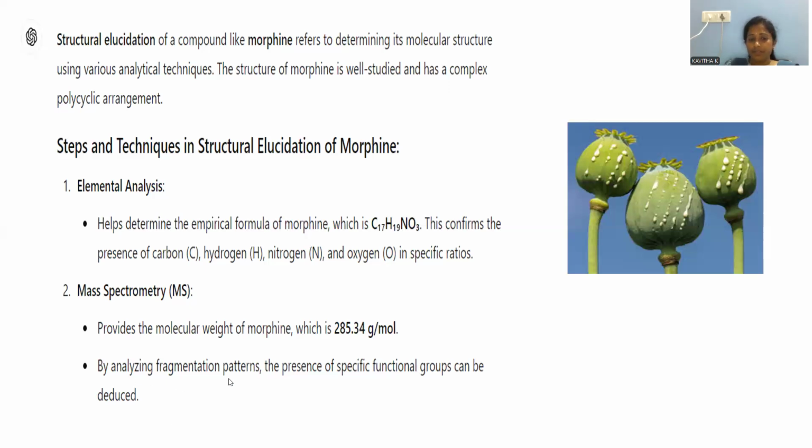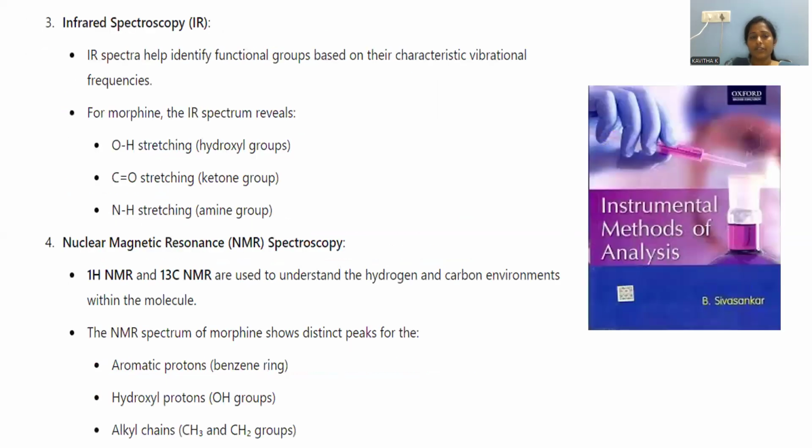Analyzing fragmentation patterns, the presence of specific functional groups can be deduced. As morphine is a complex one, we have to go for strategic fragmentation. Determination of small parts is somewhat easy. That's the reason why in mass spectroscopy, the bulk molecular weight is identified, followed by the individual fragments also being tested for their molecular weight determination. This is how mass spectroscopy is used to identify molecular weights.